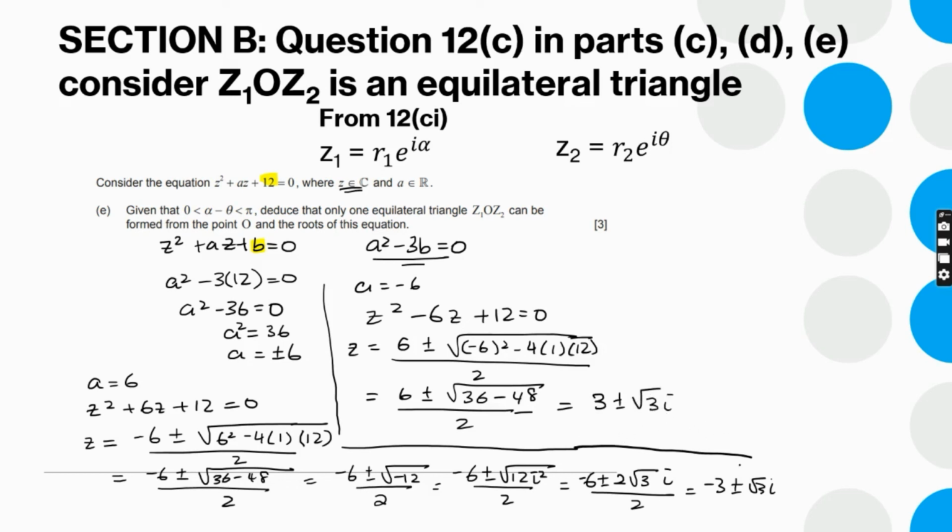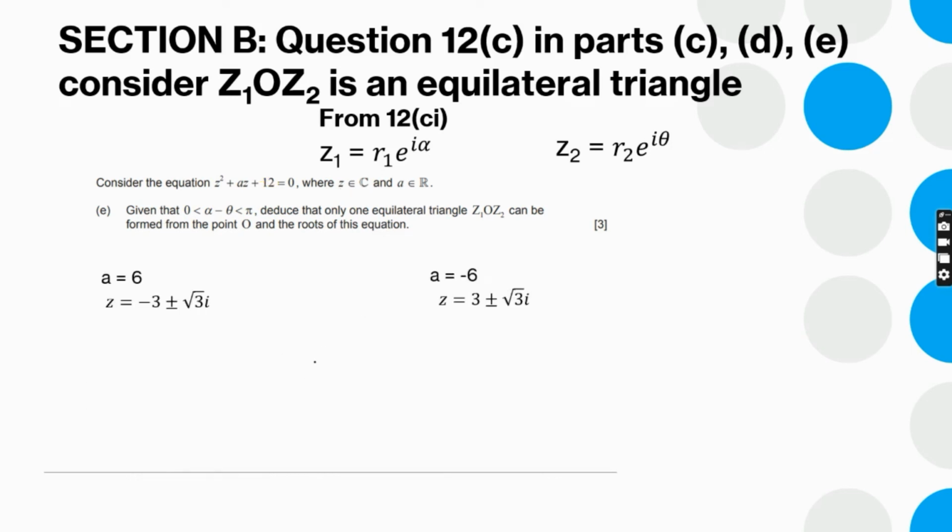Which one do you think is most probable? One of these pairs of roots would form the equilateral triangle. Is it the a equals 6 pair or the a equals minus 6 pair? Let me first sketch the diagram. For minus 3 plus root 3 i, the first root is here.